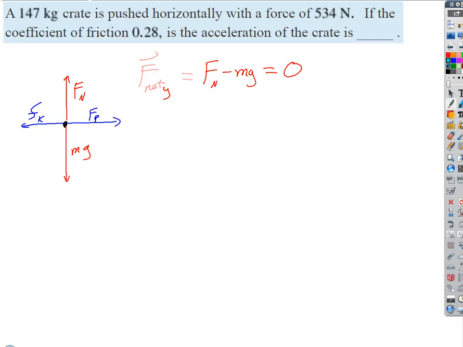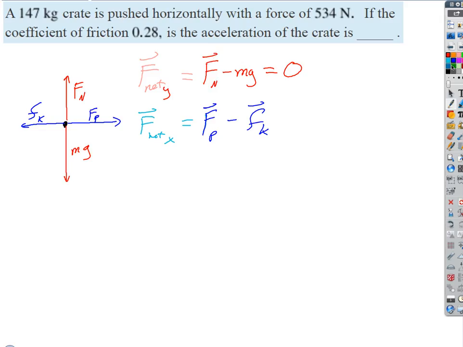Okay, what about the net horizontal force? Push force minus F_K, right?